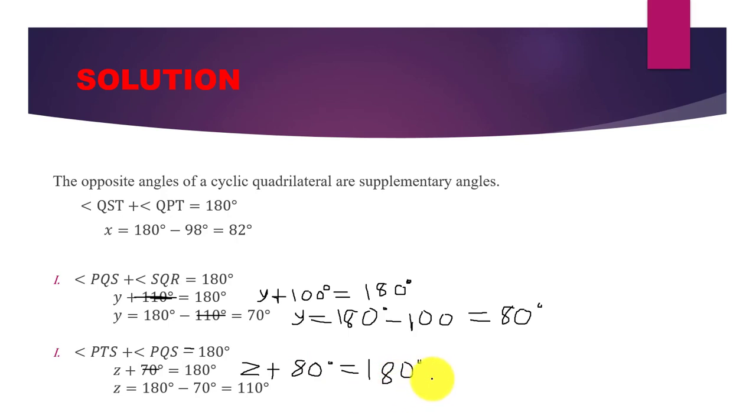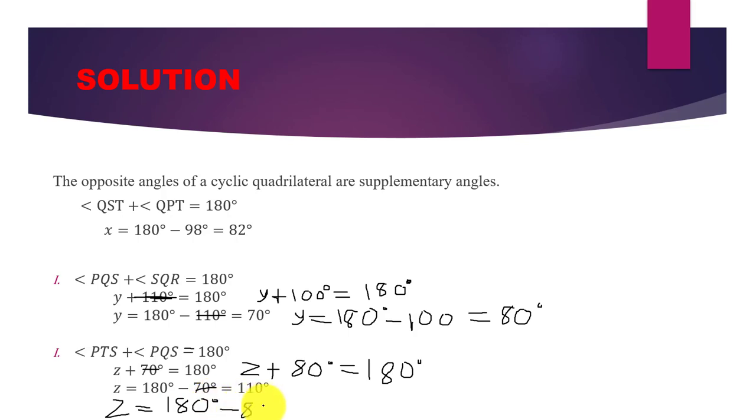So our new equation for z becomes z equal to 180 degrees minus 80 degrees.